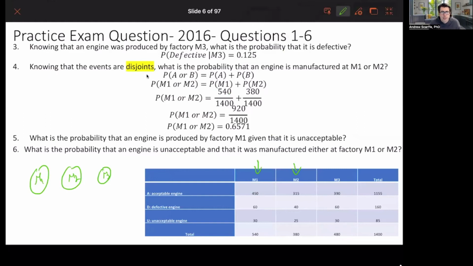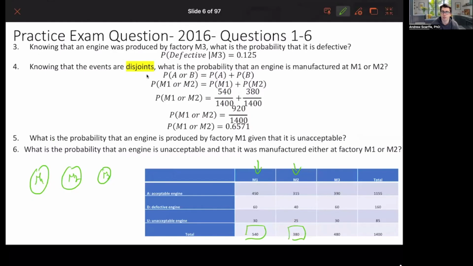So what we're saying is the probability of A or B is the probability of A plus the probability of B. So the probability of M1 or M2 is equal to 540 over 1400 plus 380 over 1400, which gives us 920 over 1400, or 0.6571.